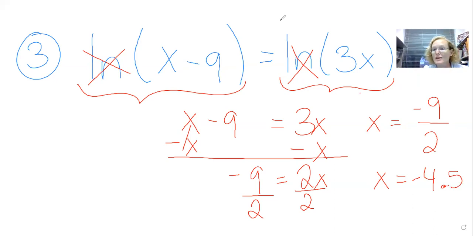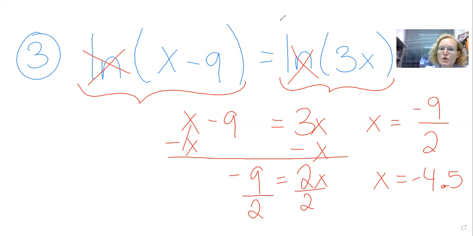But now I want you to realize something. I have not yet circled my answer because I haven't checked this yet. So you have to now take this and go back and plug it in. Now, most of you are not real fans of fractions. So when you plug this in, you're probably going to take the negative 4.5, and that is perfectly fine.